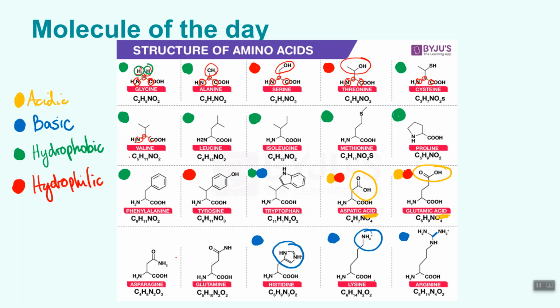Over here, it's polar again, so we're going to say hydrophilic. And you might say, oh, aren't those ones basic as well because they have amino groups? Well, these amino groups are not very basic because they're just adjacent to a double bonded oxygen. So that's enough for it to not become very basic. Those nitrogens are not going to want any more hydrogens. They're pretty electron rich already.